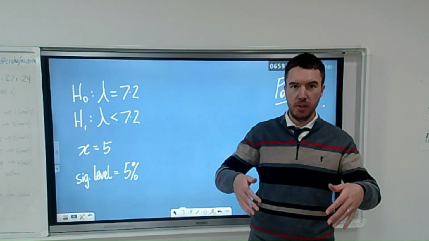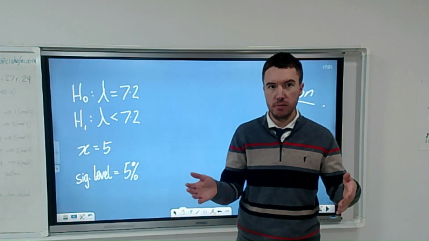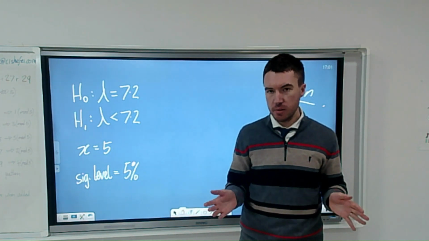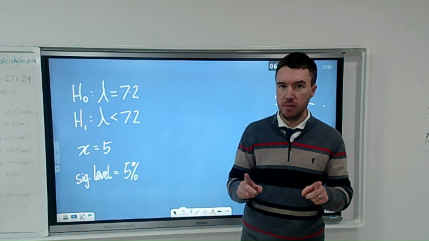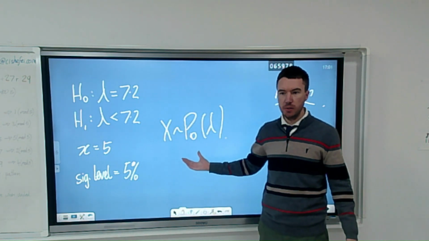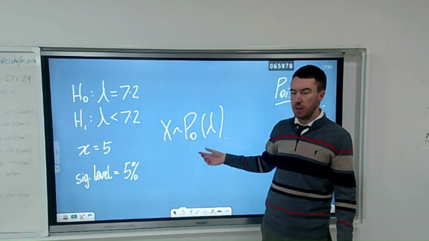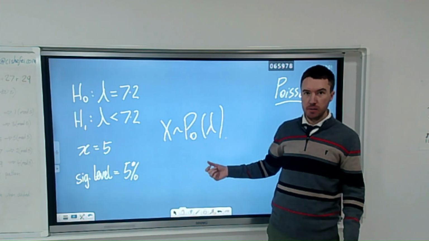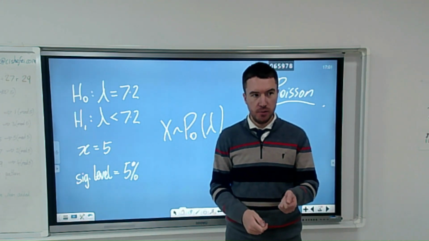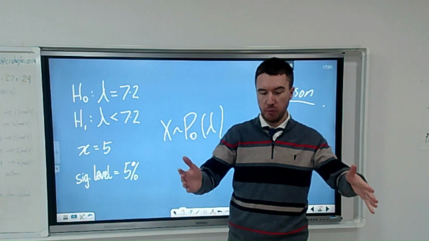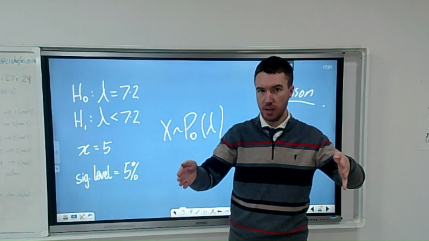So let me first explain a little bit about Poisson. What is it? This is review, but it's worth reviewing. A Poisson distribution only gives you one value, and it'll look like this: x is distributed with the Poisson distribution with average lambda. The average what? The average number of events within an interval, usually a time interval.